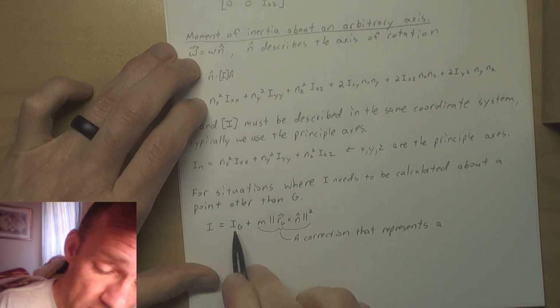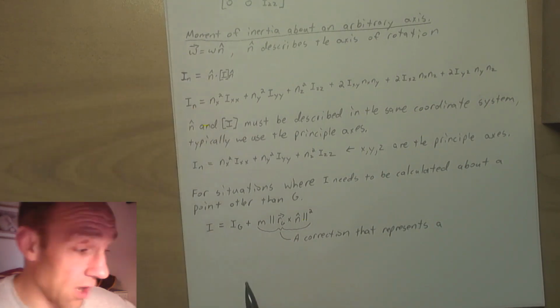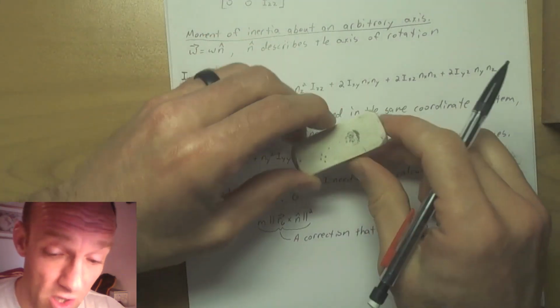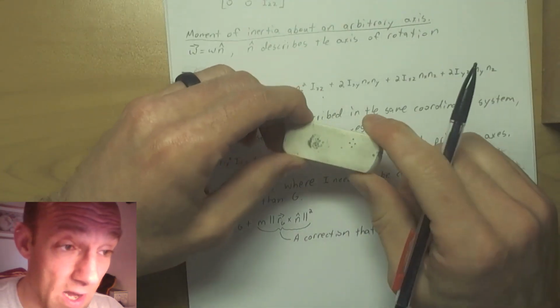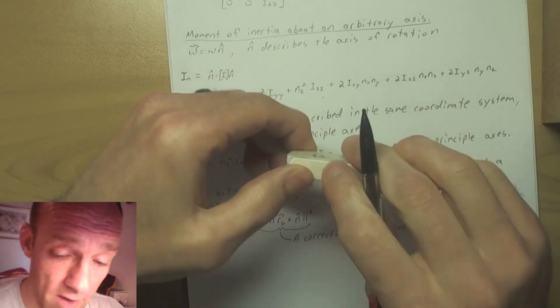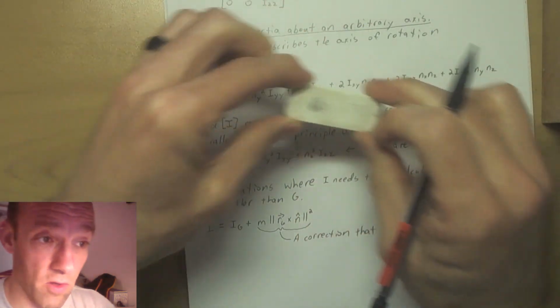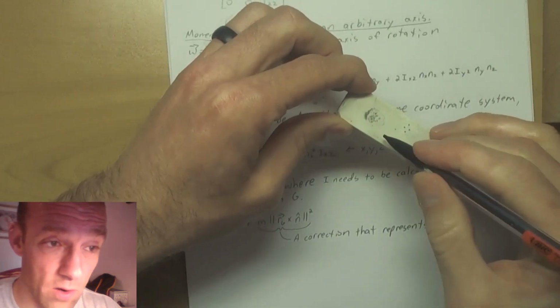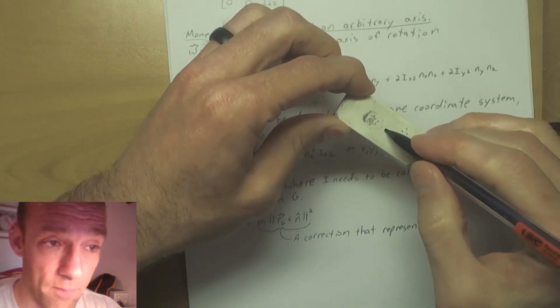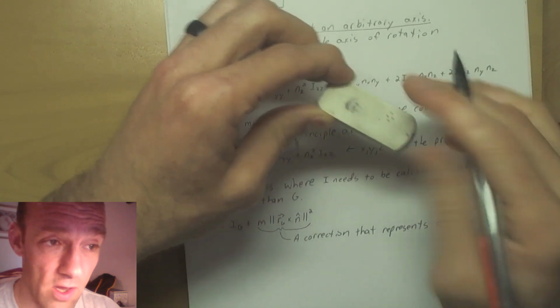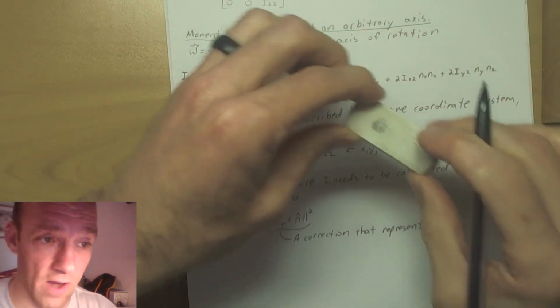Here you have the moment of inertia of the object as it rotates about G, and then we need to correct that. If we're going to rotate about some other point, the moment of inertia of the total mass concentrated at G adds a correction factor.